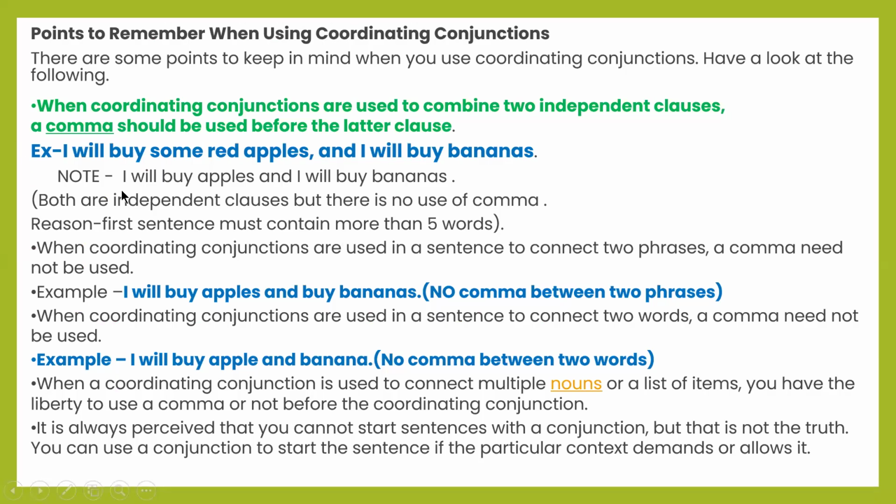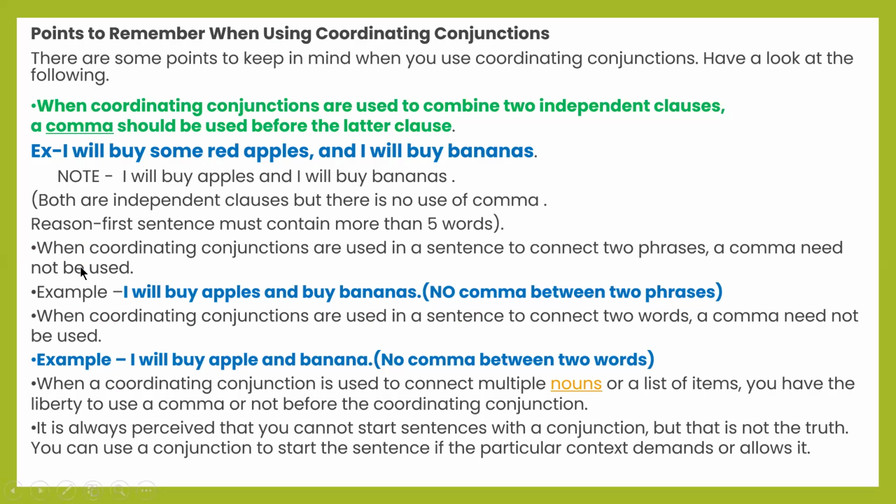In this case, the first sentence has only four words, so we do not use the comma. More than five words, in the sentence "I will buy some red apples," we use a comma. Less than five words, we do not use the comma in independent clauses.